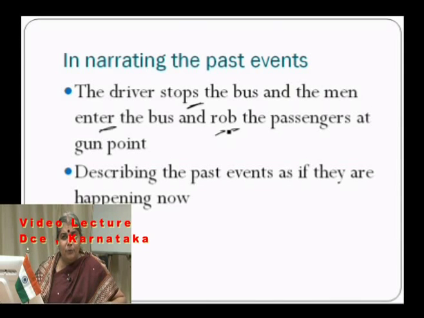When we see some event with our own eyes and then explain it again to someone else, which tense form do we use? Present simple tense form. Even though the event is past, even though it is old, we say which form? Present simple tense form we say, describing the past events as if they are happening now. This is also another example to say that there is no clear marker between tense and time reference.